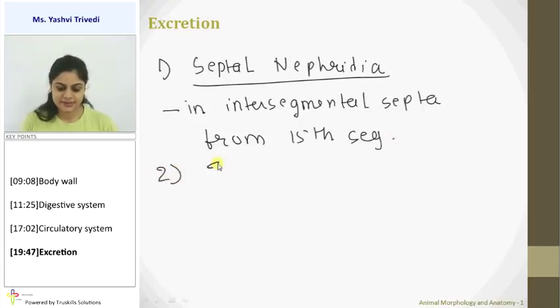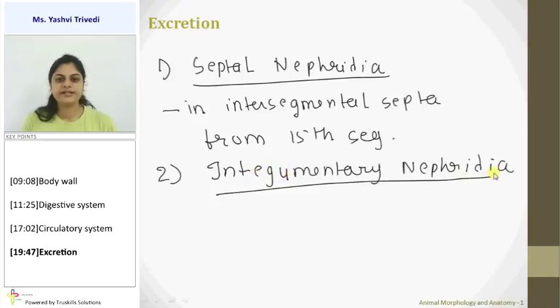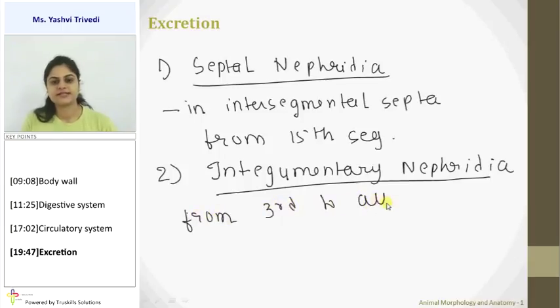The second type is integumentary nephridia. Integumentary nephridia are attached to the body wall, and they start from the 3rd segment and are present in all the segments, and again they combine with the alimentary canal.